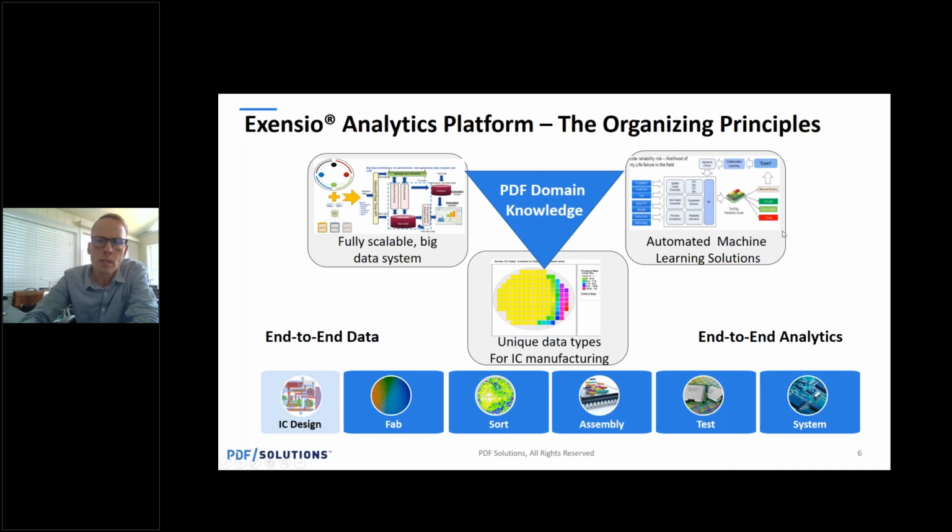Again, using our expertise, we've developed a number of unique data types enabling deeper insight into fab, assembly, and test equipment data, as well as product and process characterization data using PDF's test vehicles, and even field data using our CV Core technology. Layered on top of that is a rich set of machine learning solutions, many of them enabled by cloud technologies. All of that fed by a complete end-to-end data management, the most comprehensive suite of end-to-end data compatibility in the industry.